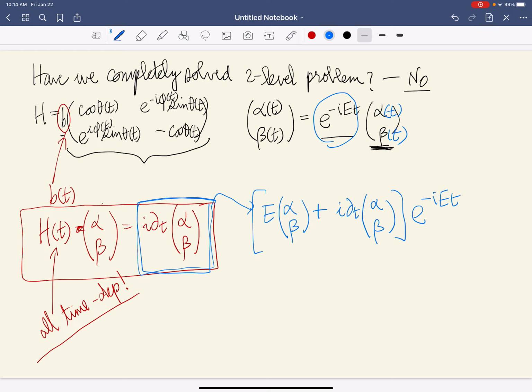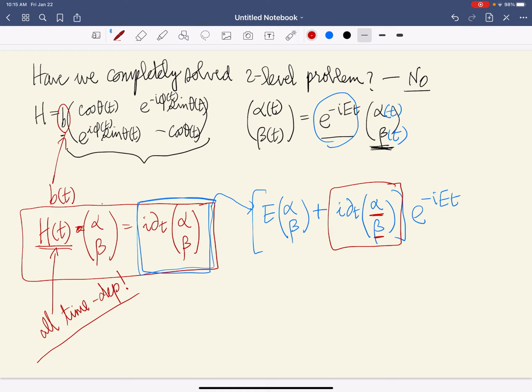Okay, so the bottom line is that there's this factor that we did not have to worry about before, but now cannot be ignored because these two things still continue to be time dependent because the elements in the Hamiltonian continue to be explicitly time dependent.